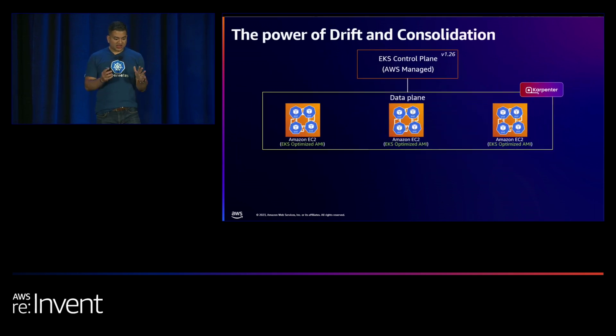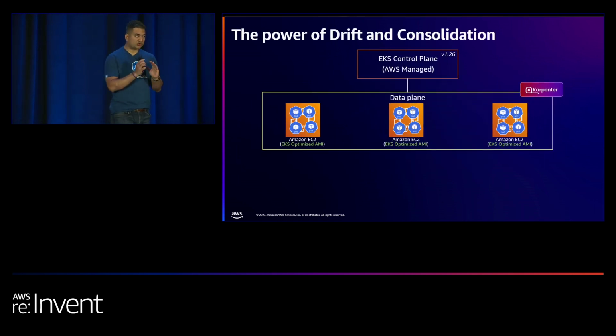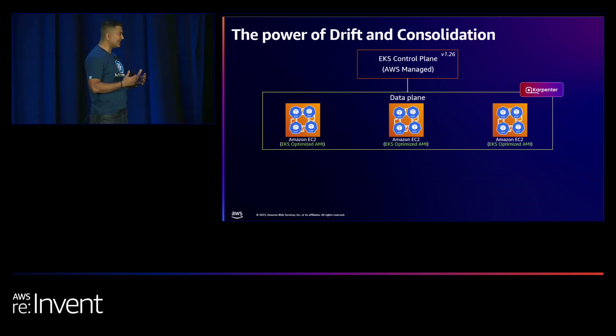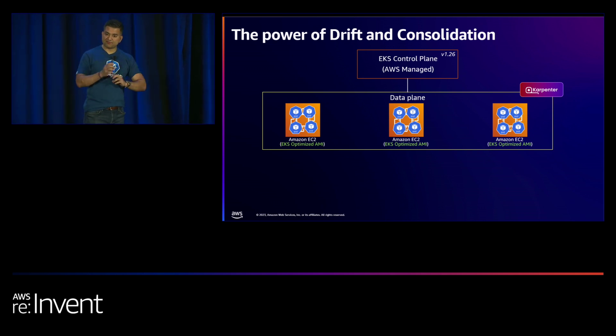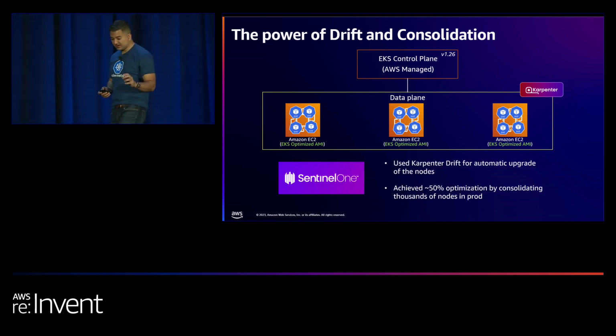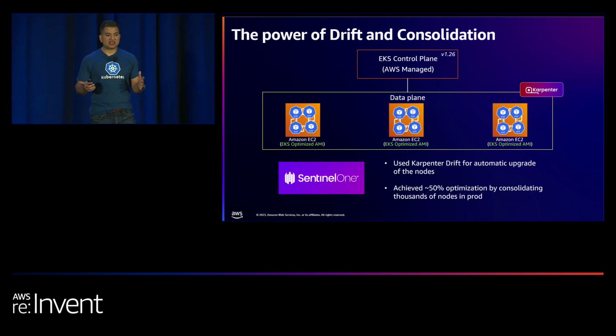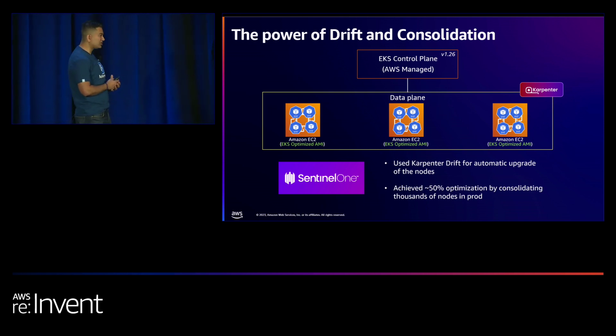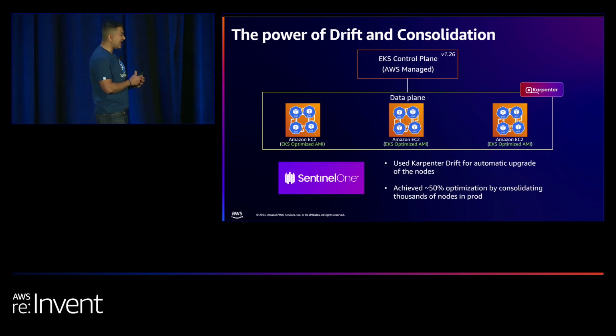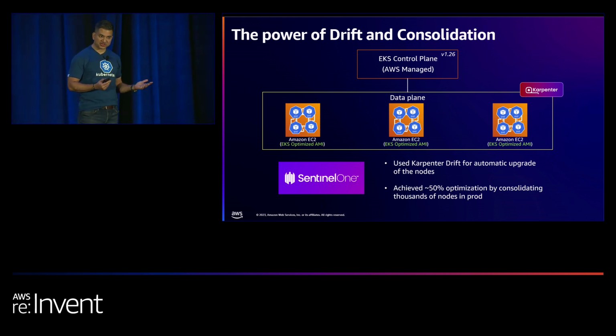All right, so we talked about how drift can make upgrading your data plane easy and zero touch, and we talked about consolidation before, how Karpenter bin packs and saves you money. So one of our large enterprise customers, Sentinel-1, they run thousands of nodes in one cluster. They adopted Karpenter drift for automatic upgrade of the nodes, and they enabled consolidation.